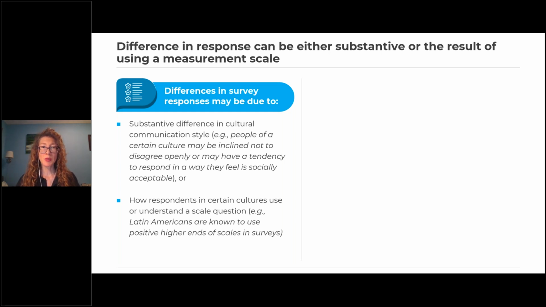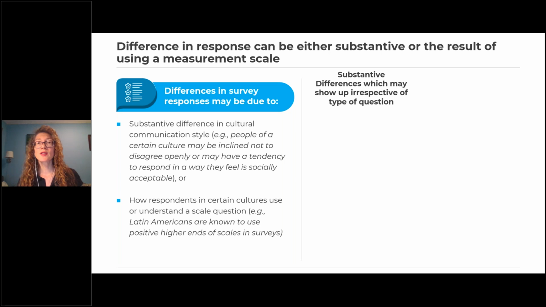And in other cases, people may want to respond in a way they feel is more socially acceptable. Also, there might be certain cultures where you see some patterns in how people respond to scale. So like, is it a 1 to 5 or 1 to 7? And in some cases, people may be agreeing or being more on the positive side. And in some cultures, people might be more on the negative side. And in some cultures, people might sort of vote straight down the middle. And we need to be aware of those before we go ahead and interpret the results of our survey.